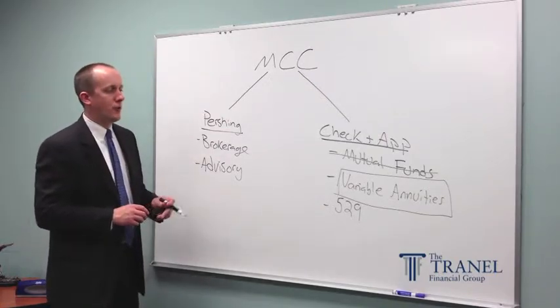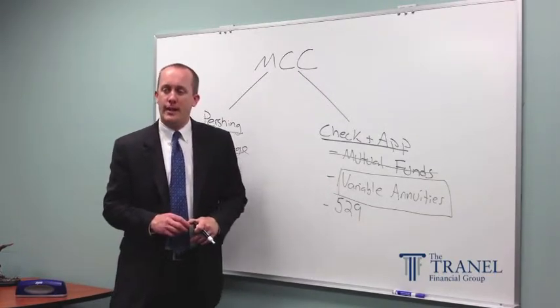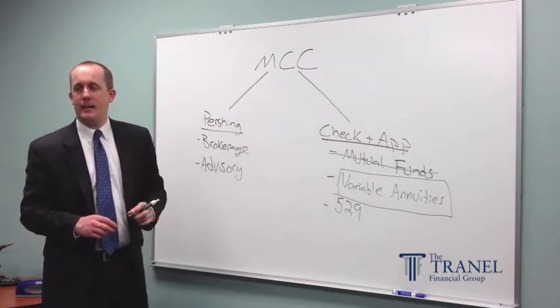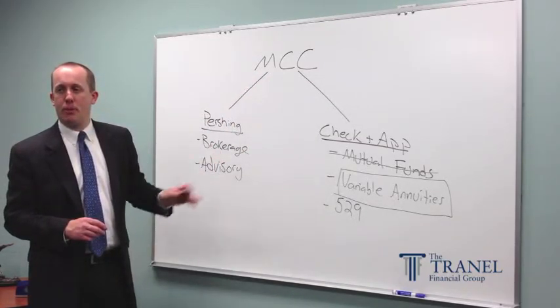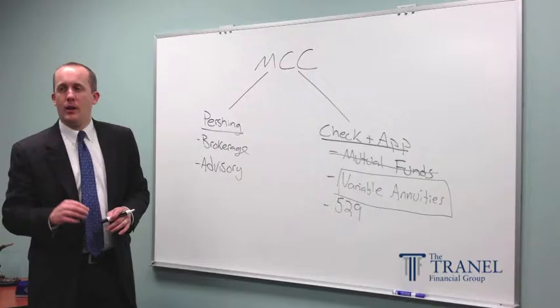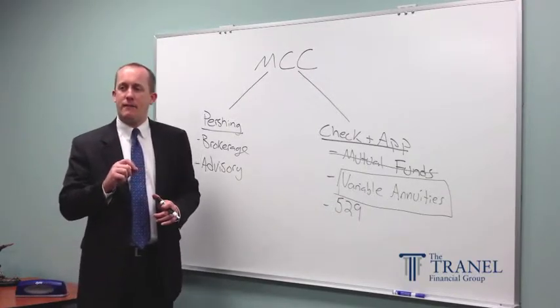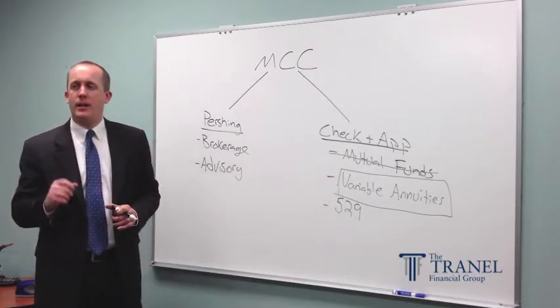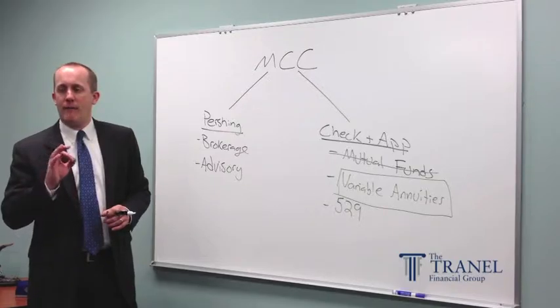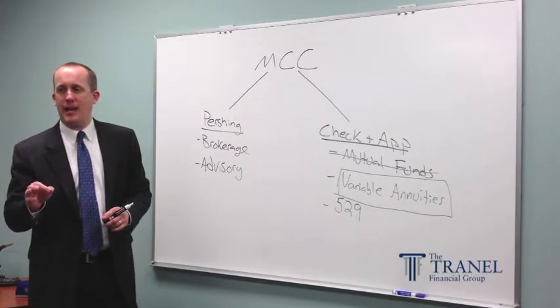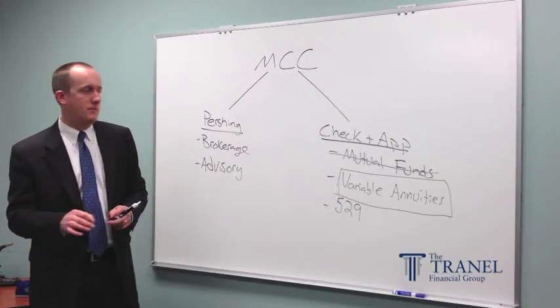The process for opening a variable annuity under MCC is similar to opening up the brokerage new account form. Rather than using the BNAF, the brokerage new account form, you will need to use a variable annuity application from Money Concepts.